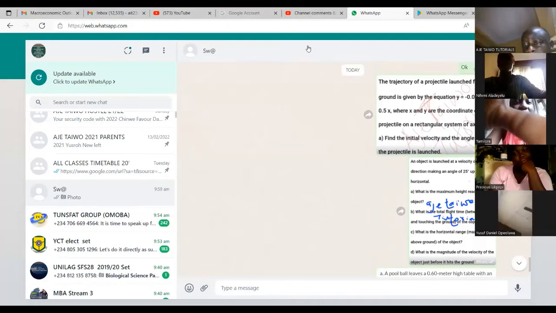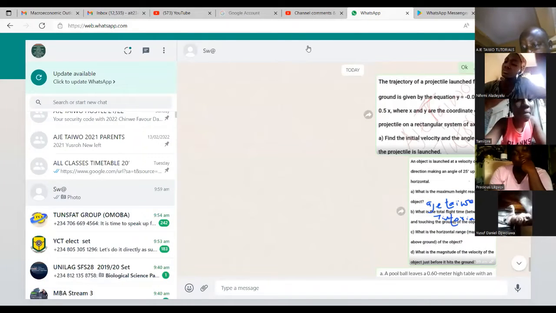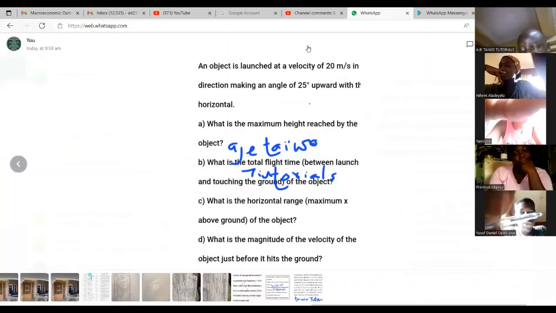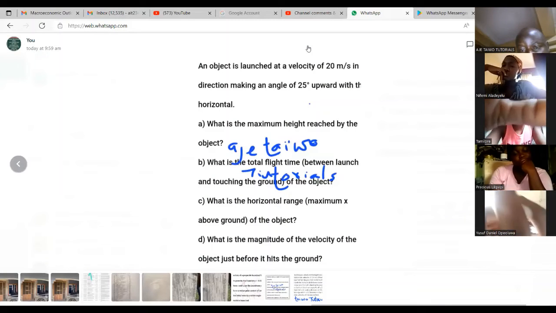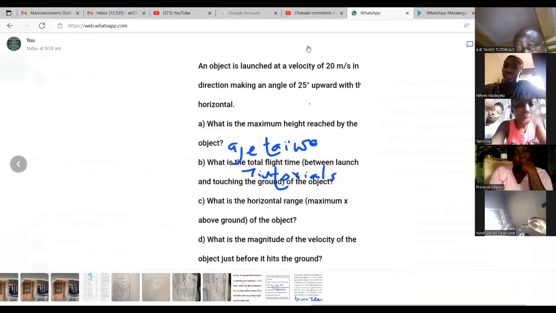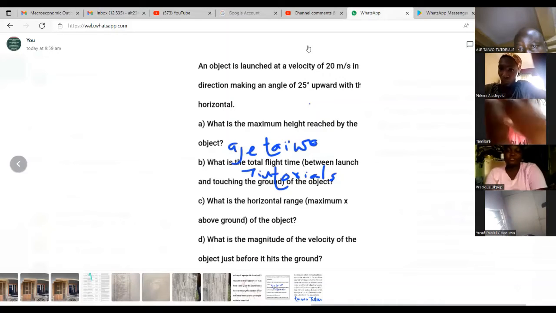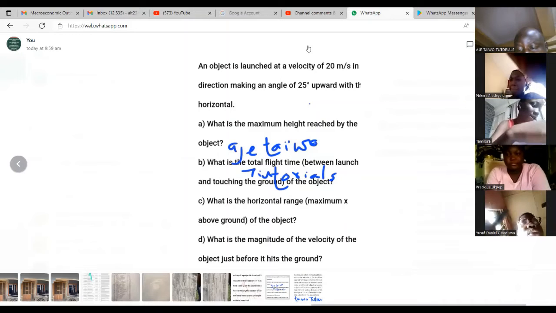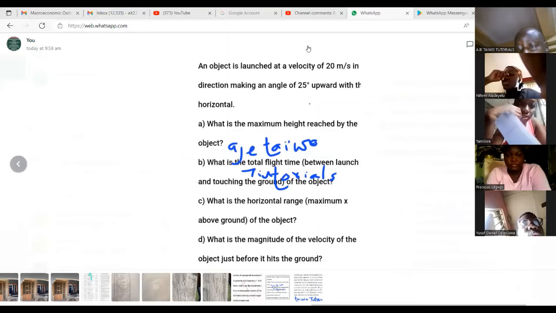Okay. So I'll go with this one first. So tell me, confirm what you can see on the screen. What can you see on the screen?